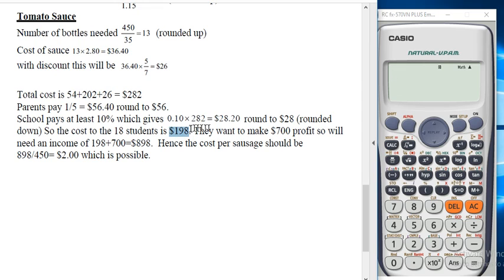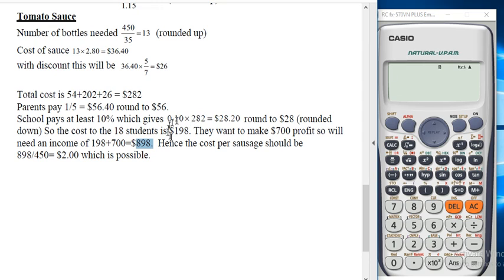And you also need in that ice cream container $700 more as well, and then you'll have the amount of profit that you need left over after you take out $198 and give it back to the 18 students who paid for all the items. You'd be left with $700 profit, which is what you need. So we need $700 more as well as the cost of all the items. So $198 plus 700 is $898 total inside the ice cream container.